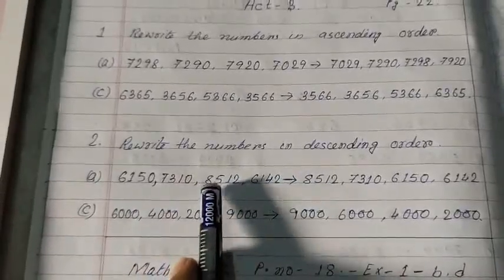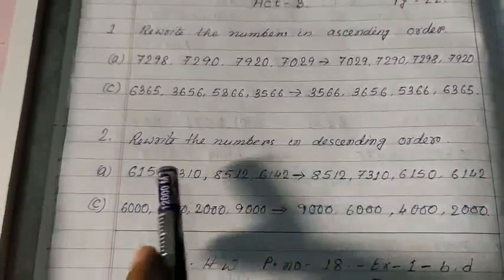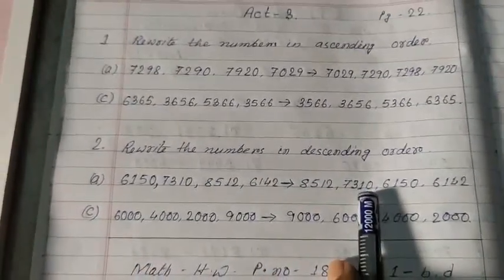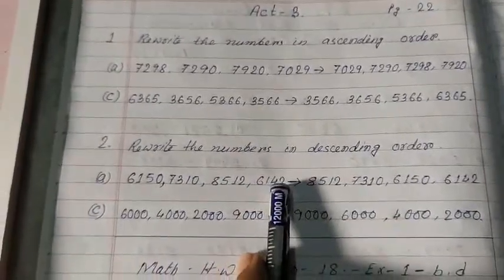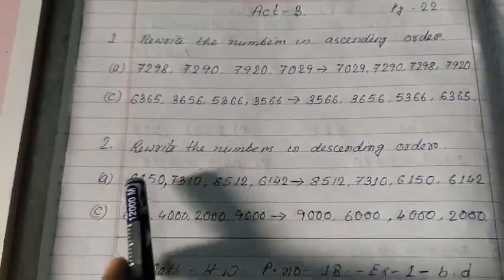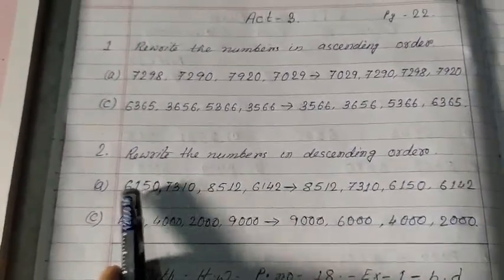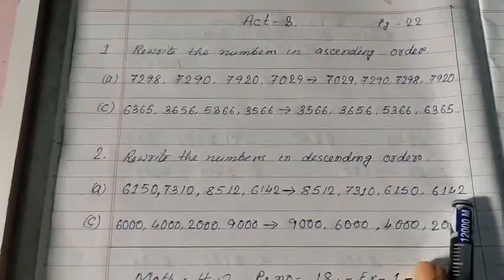So 8000 is the biggest number, so 8512. Next 7310. Next, between these two, this is 6142 and this is 6150. Here tens place 4, here tens place 5. So this is the biggest, so 6150, and next is 6142.